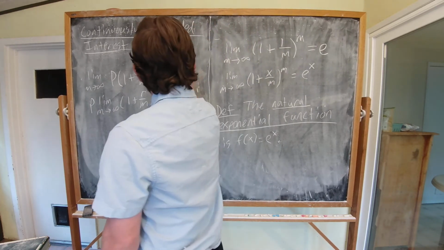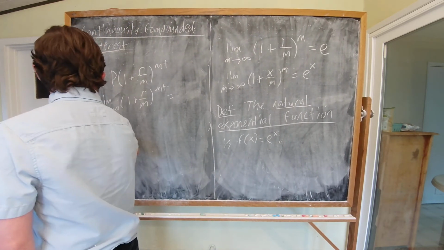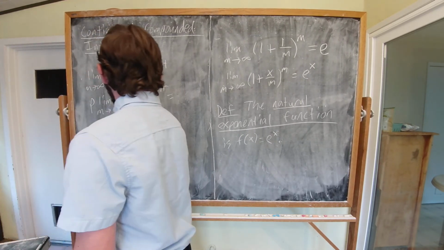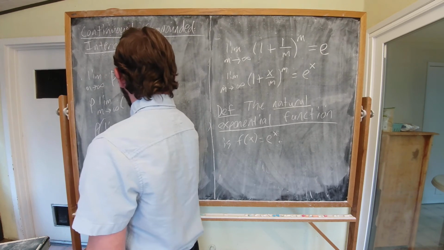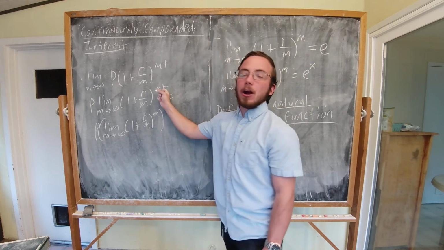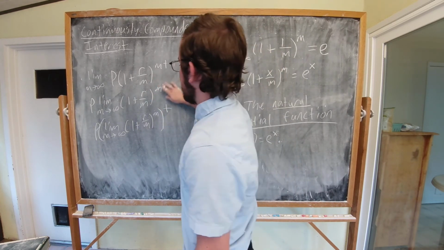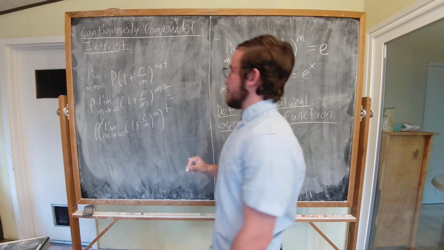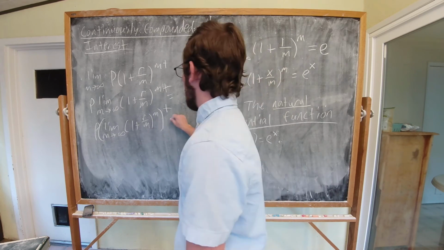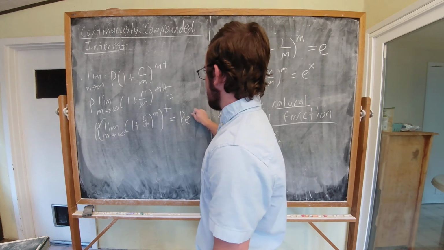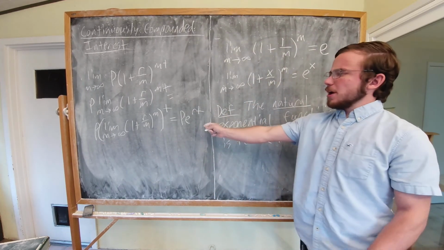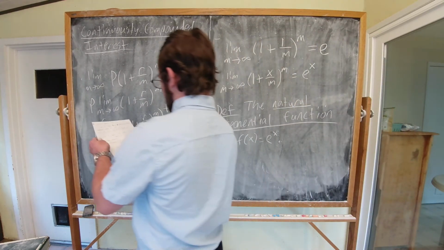Why? Maybe another step would be helpful. This is P times the limit as m goes to infinity of (1 + r/m)^m, all that to the t power, right? By our rules of exponents, this is to the m to the t power, and laws of limits say, oh, you can pull that out. So now, hopefully it's more clear. This is P e to the rt. And this will be our formula for continuously compounded interest.